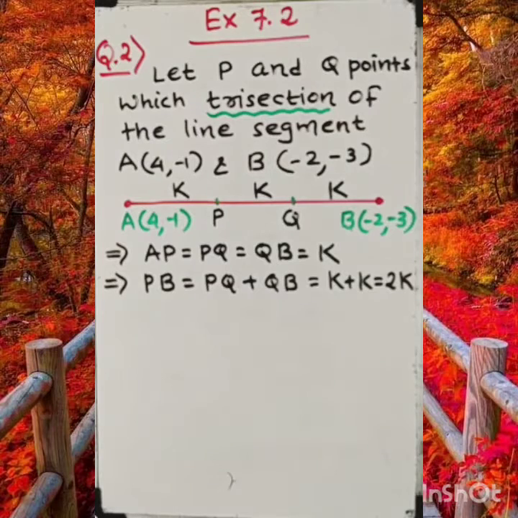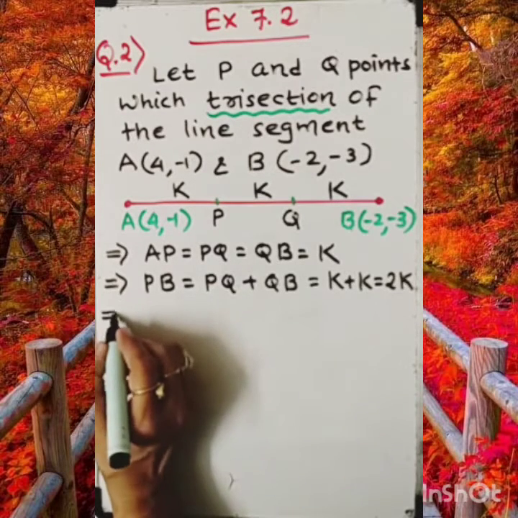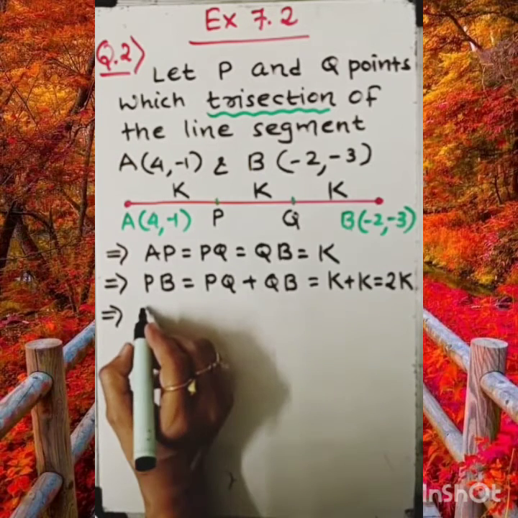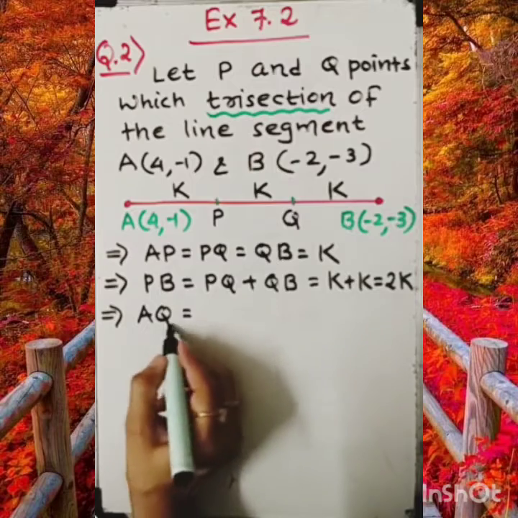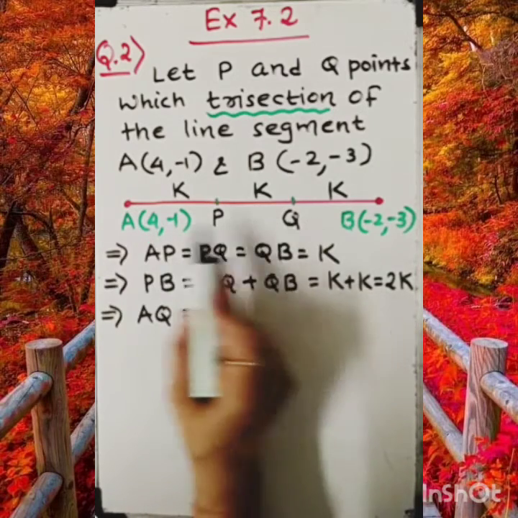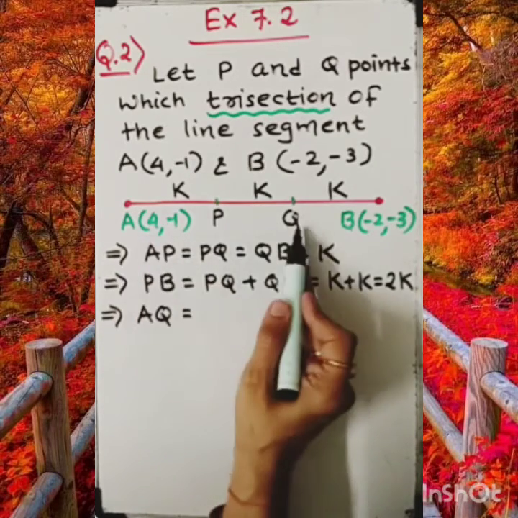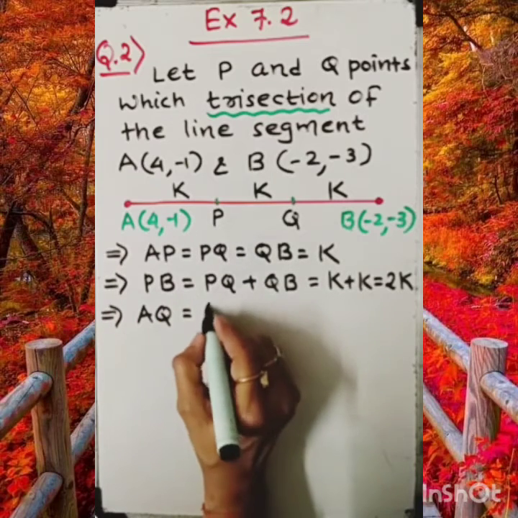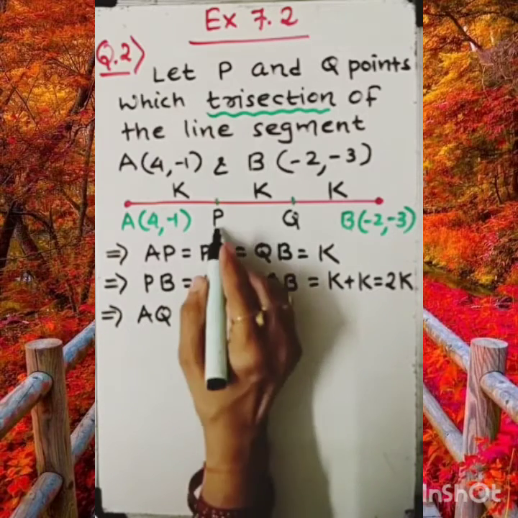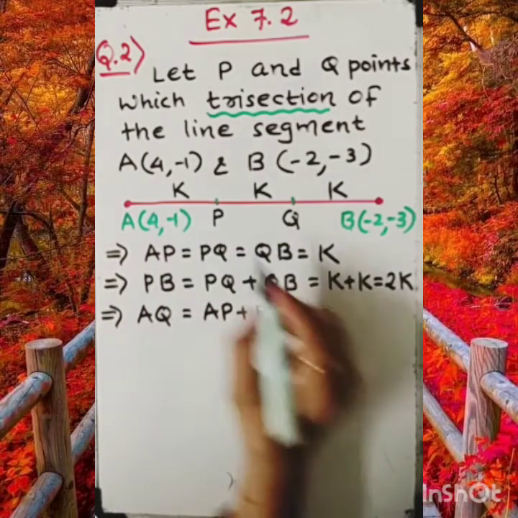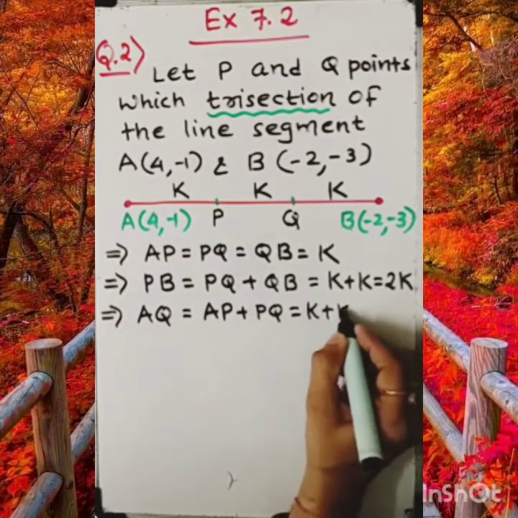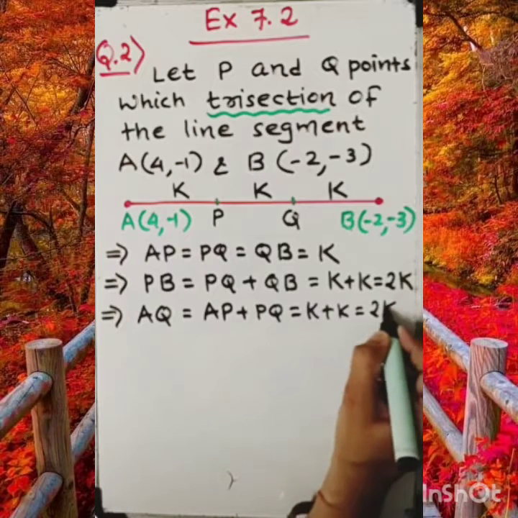Next, if I want the value of AQ, A to Q, that is the sum of AP plus PQ, that is K plus K, also 2K.